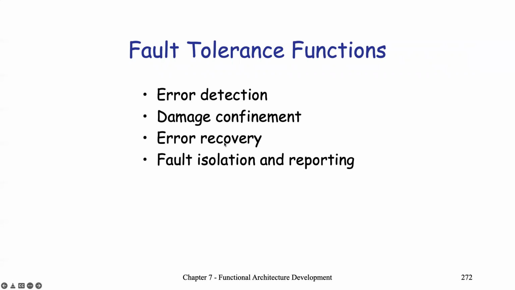You want to do error recovery so that you can go back to a normal state. And finally, the fault isolation and reporting. You want to have an exhaustive debug set of information that's passed on, so hopefully you can work through that so it doesn't happen again.